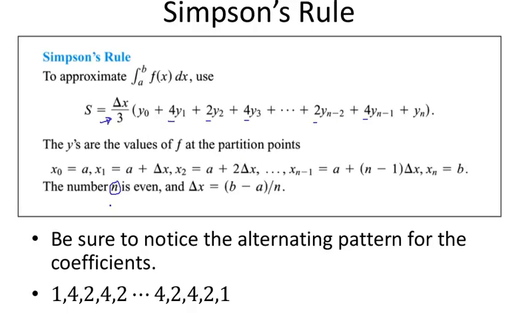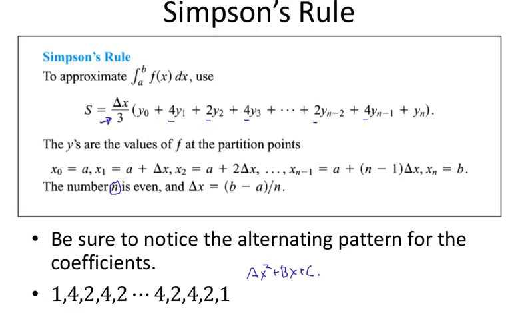What this actually does is that instead of modeling the curve with a trapezoid, it actually models it with a quadratic formula, in the sense of ax squared plus bx plus c.